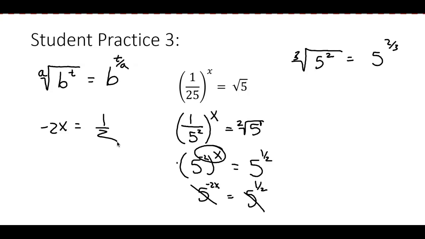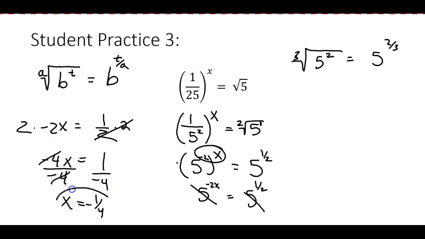We'll talk about the negative in a second, but here's the thing. Whenever you have a fraction, if you don't like that, just multiply the fraction by the bottom number because that cancels it out. And you're allowed to do that so long as you also do it to the other side. So multiply this side by 2 also. So that's going to give me negative 4x equals 1. No more fractions. That's kind of how I deal with fractions. I just get rid of them. After that, I think we know just to divide. So it's negative 1/4 is our answer.